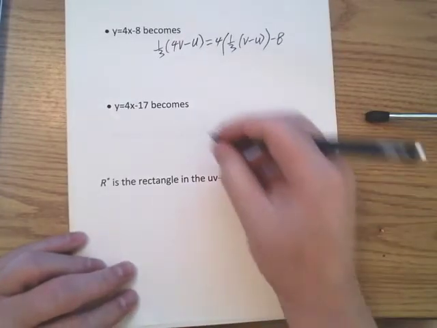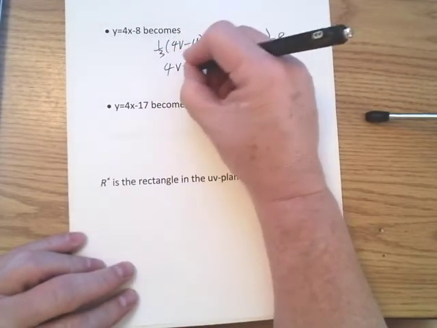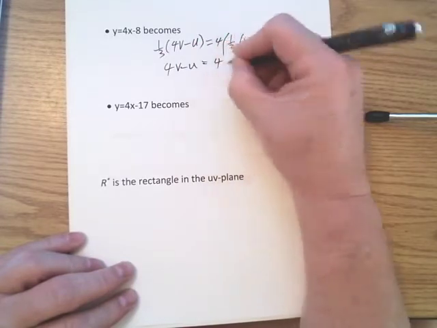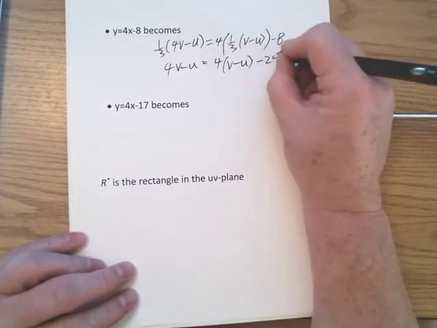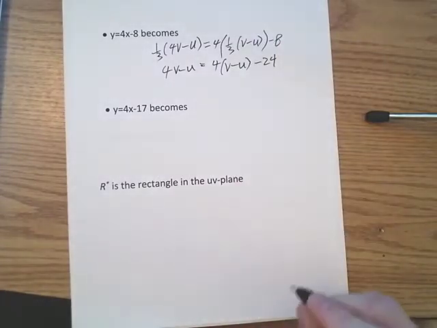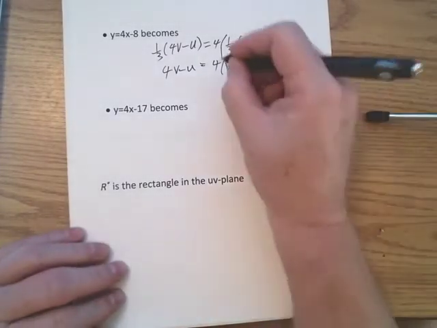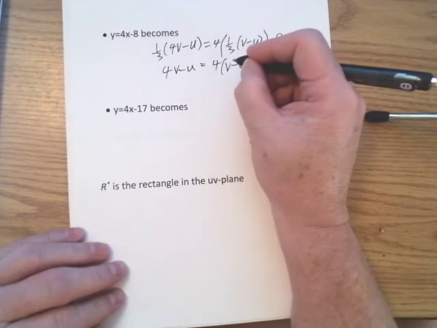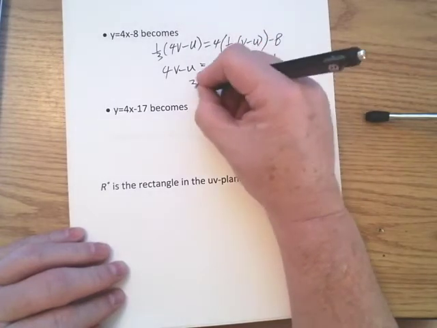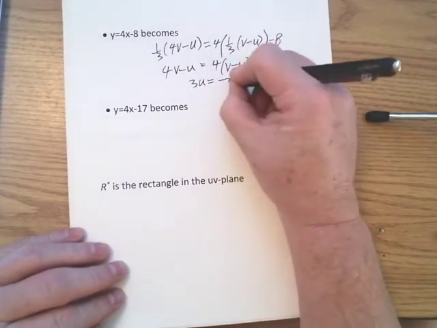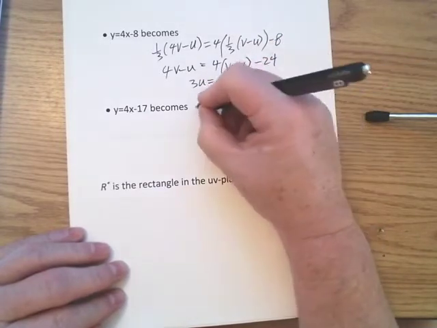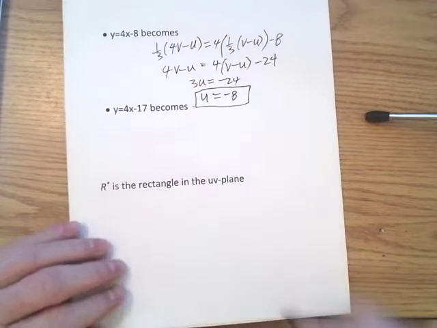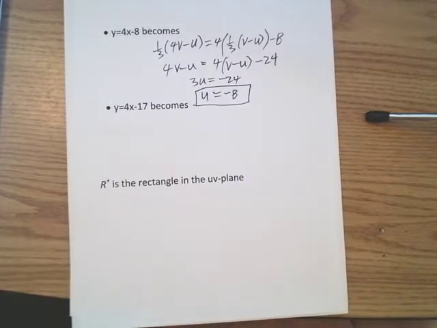Multiplying by 3, 4v minus u equals 4 times the quantity (v minus u) minus 24. Doing a quick mental arithmetic, I think that would be 3u equals minus 24, so that u is negative 8. That would be a vertical line in our uv system.